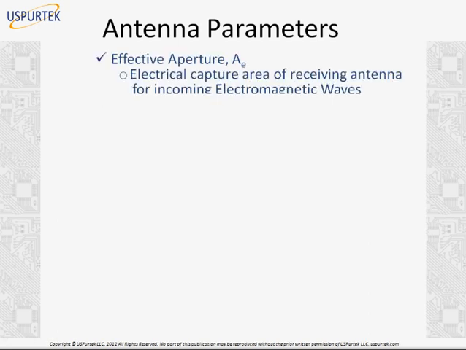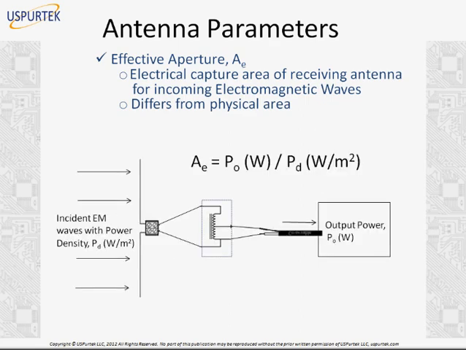Now let's move on to the next one, effective aperture. This is the electrical capture area of a receiving antenna for incoming electromagnetic waves. The physical size of an antenna, you will say, is 2 meters wide or 3 meters wide, but that does not define the real electrical aperture.